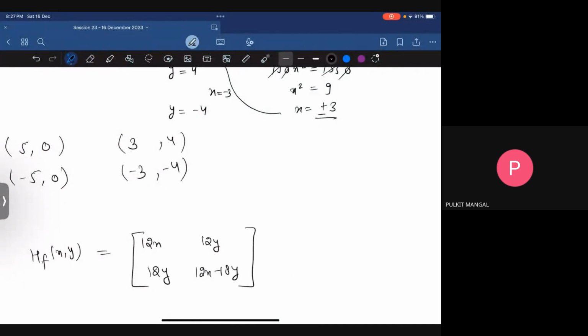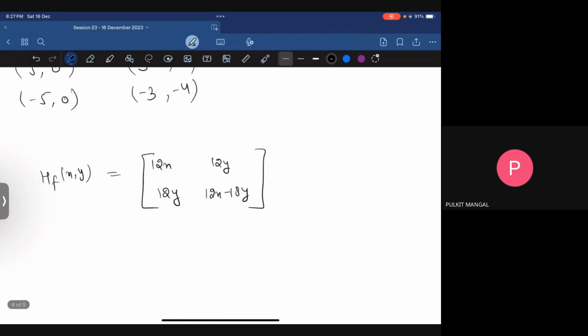Now, in the case of two variables, what is the condition for a local maximum? For any critical point, fxx is less than 0 and the determinant is greater than 0. For a minimum, fxx is greater than 0 and the determinant is greater than 0.